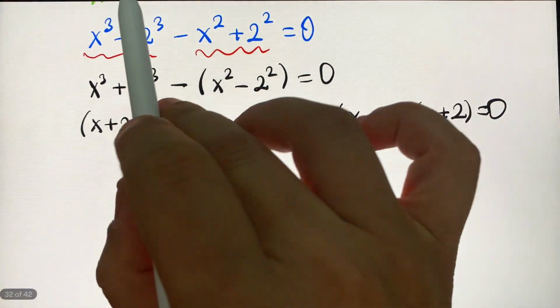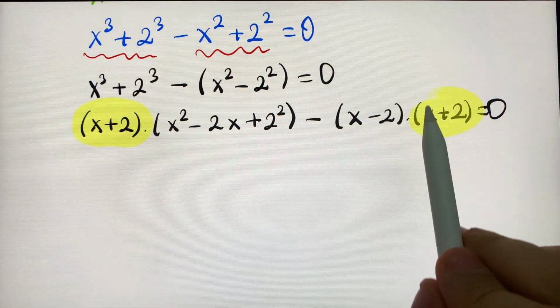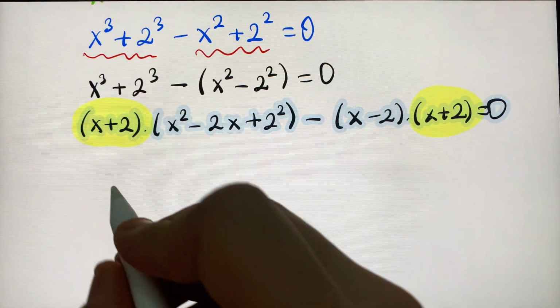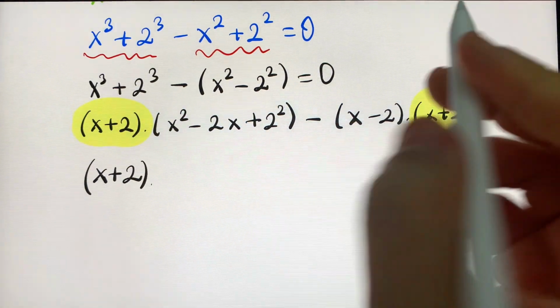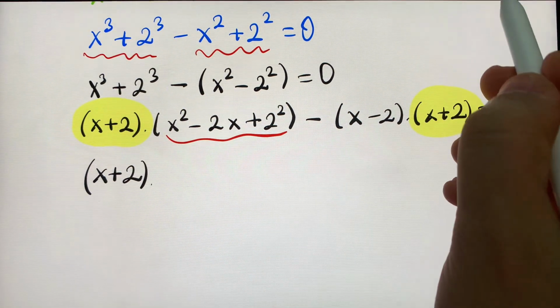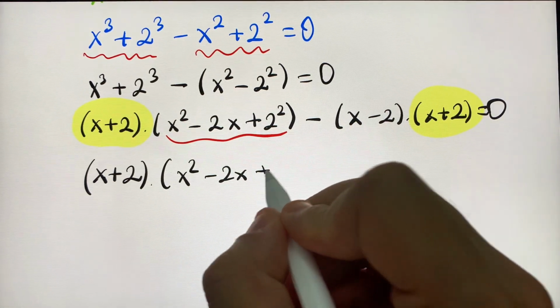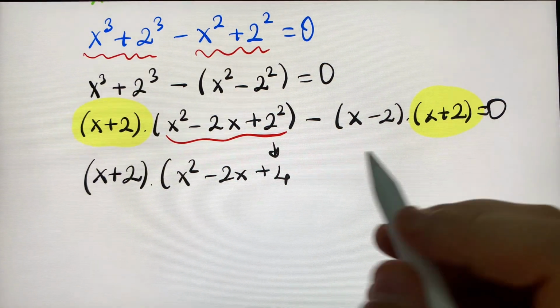If you pay attention, here we have x plus 2, here we have x plus 2. Then I can take them out as x plus 2 in brackets. The expression here will go down completely. What will happen in this case? x squared minus 2x plus, what is 2 squared? 4. What will come from here?